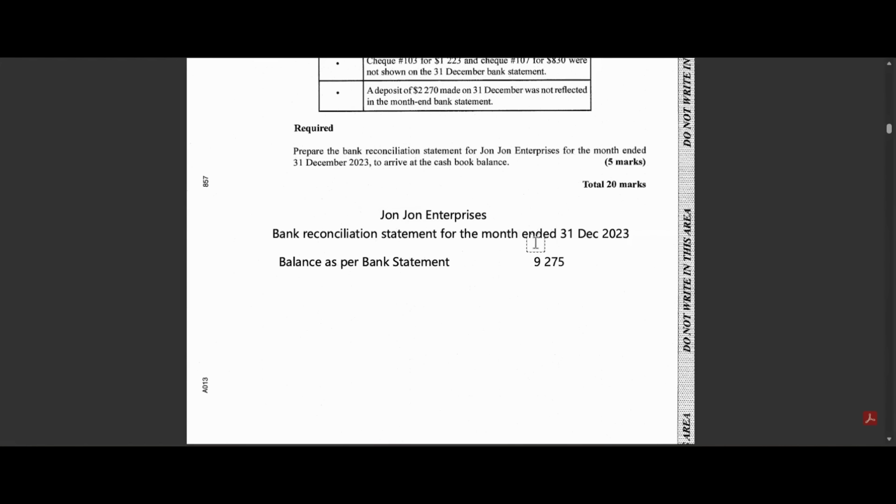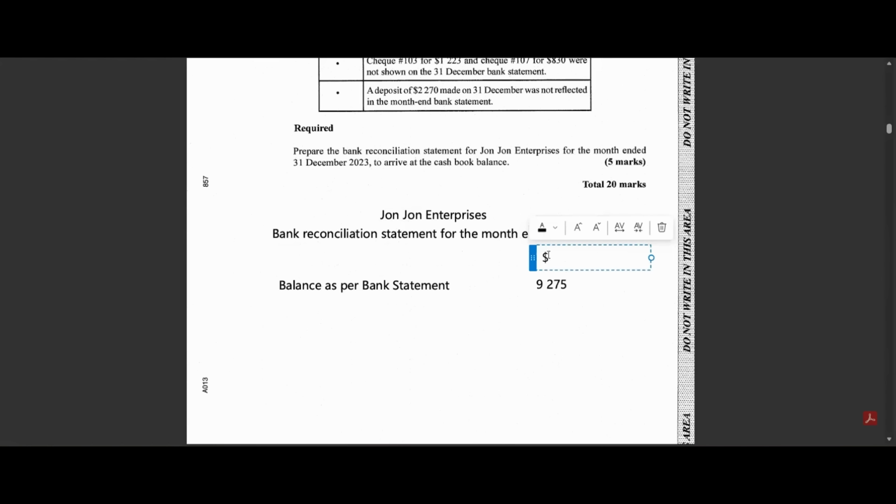Good. And as we all know, once we begin with the balance as per bank statement, we'll have to subtract the unpresented checks.